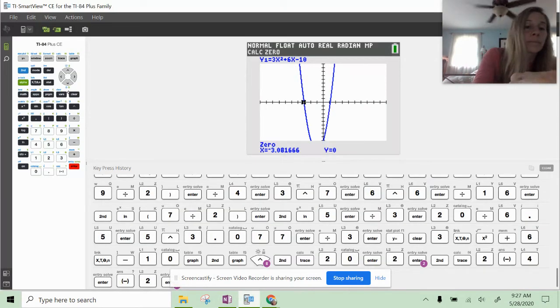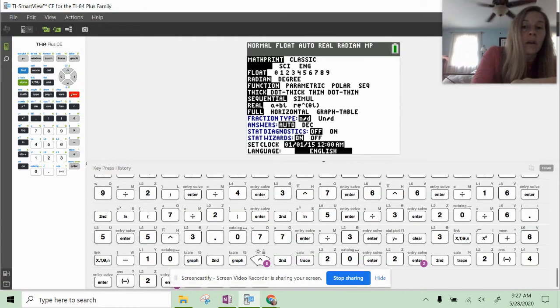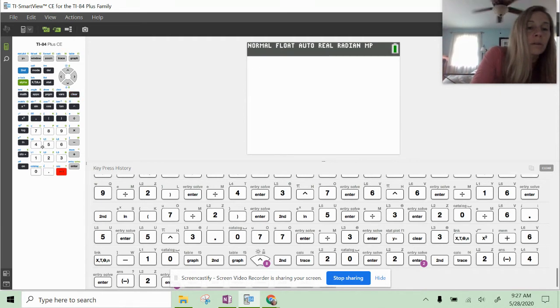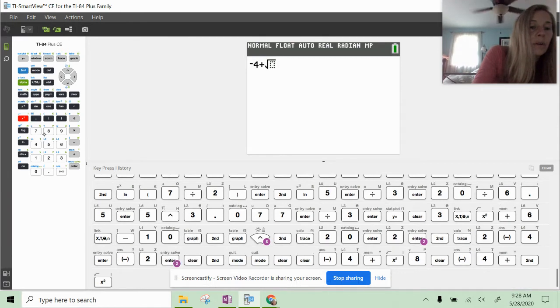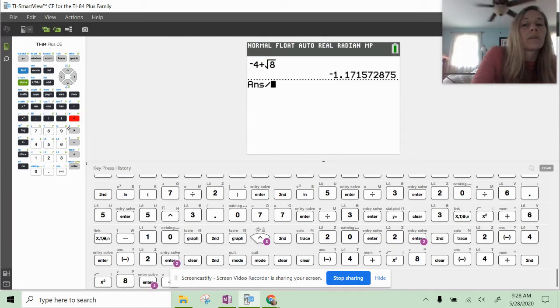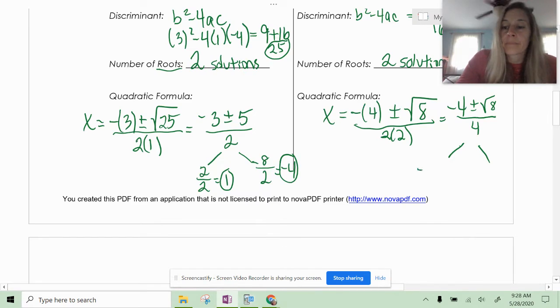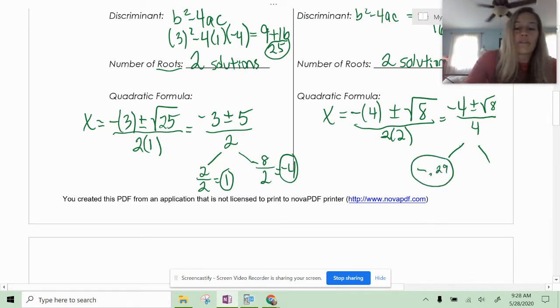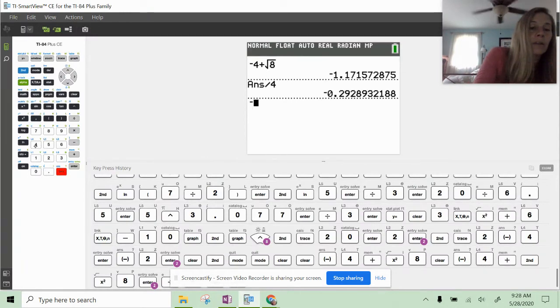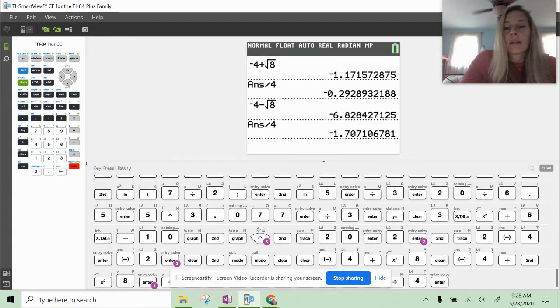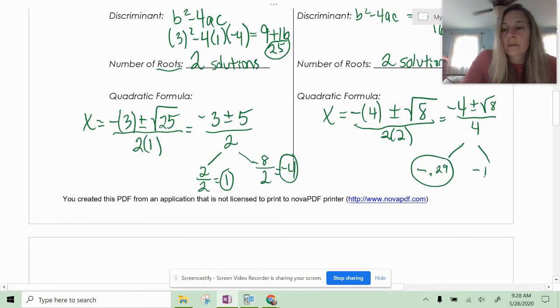So negative 4 plus the square root of 8, and then I'm going to divide that by 4, and I got negative 0.29, and then negative 4 minus the square root of 8 divided by 4, negative 1.7.